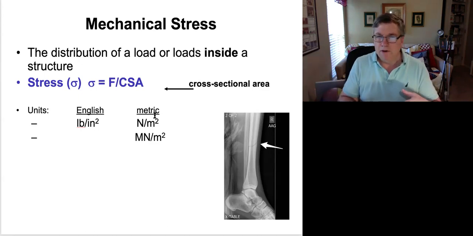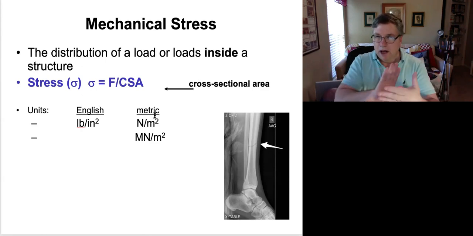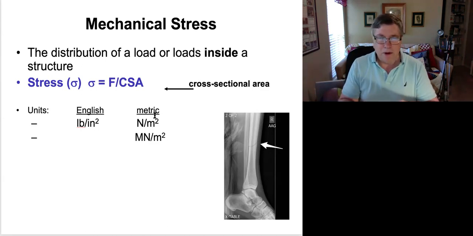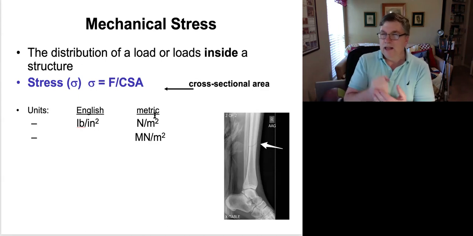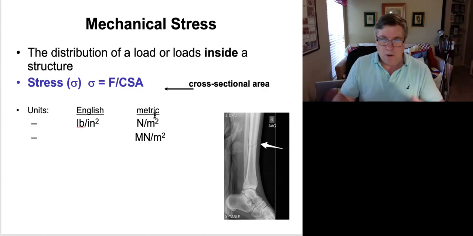It could be, for example, you're blowing up a tire or a basketball, and the pressure is being exerted by the air molecules on the inside surface of the tire as well as the basketball. In the case of stress, it's actually the force being exerted inside the material, inside the bone, the tendon, the ligament, cartilage, concrete, steel, what have you.